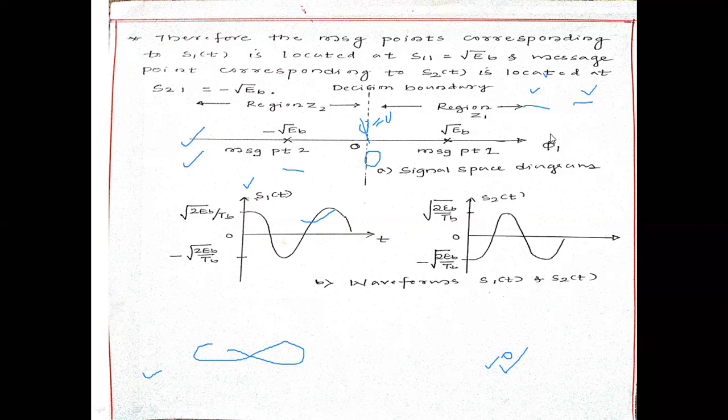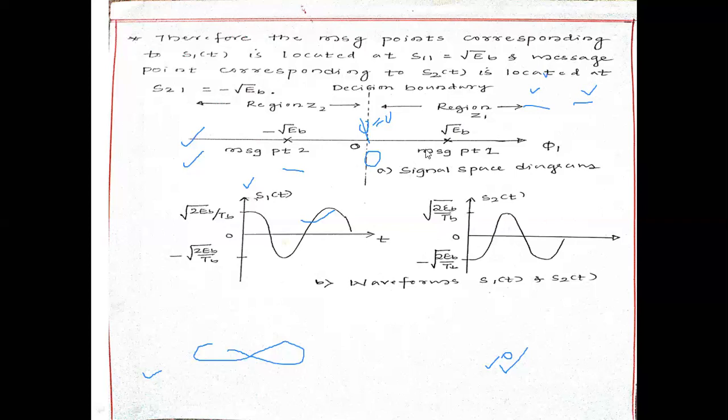That is, only one basis function, phi 1, we have considered for the x-axis. So in order to locate these two message points, we have to consider a decision boundary at the origin, right?